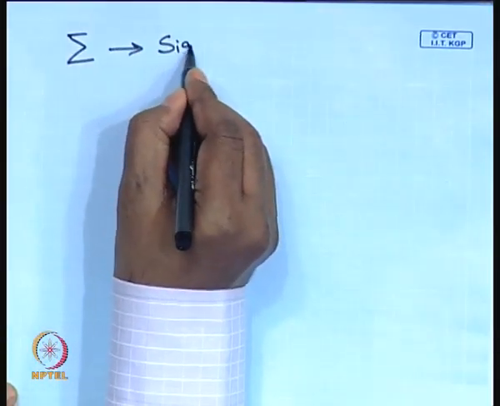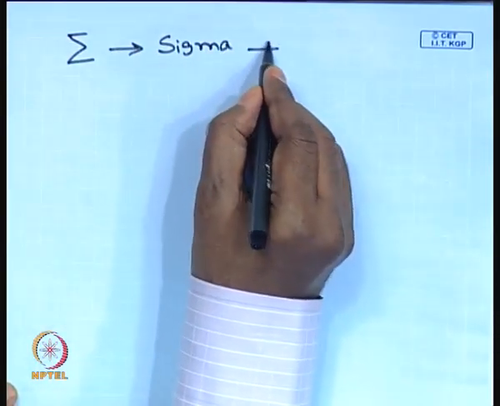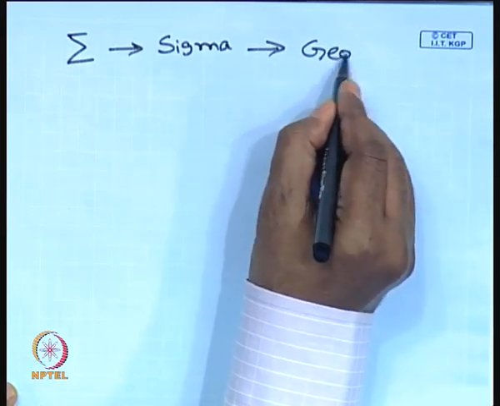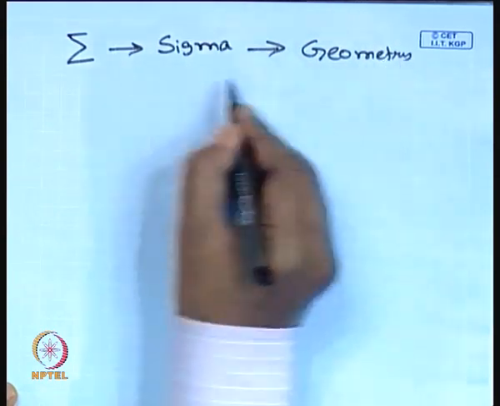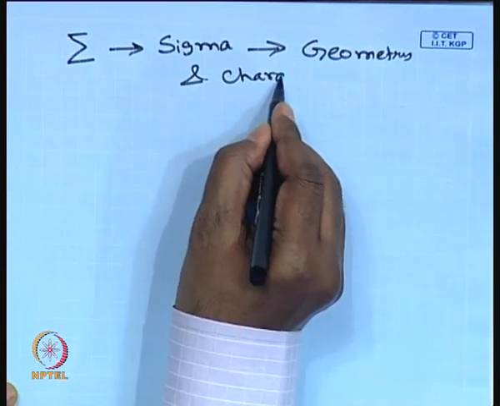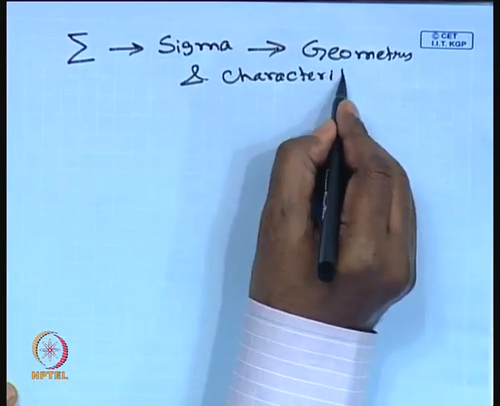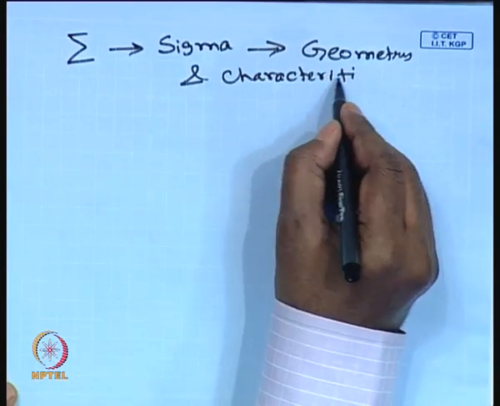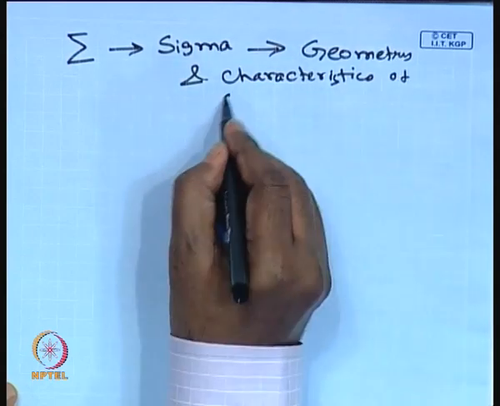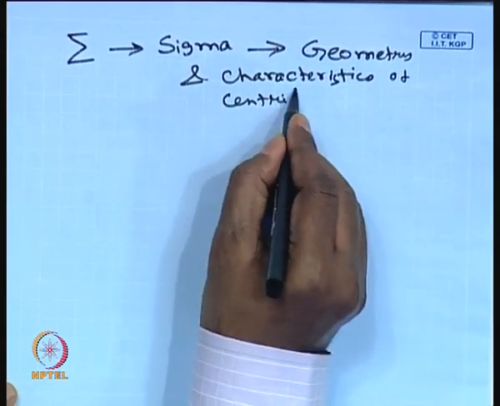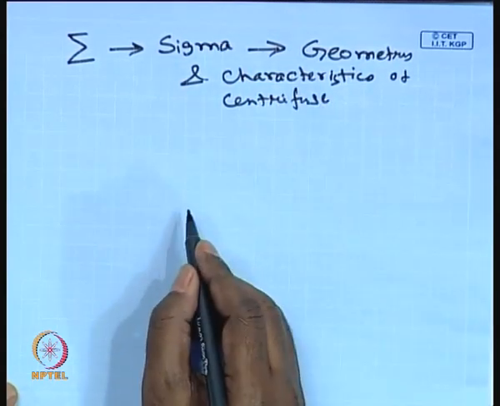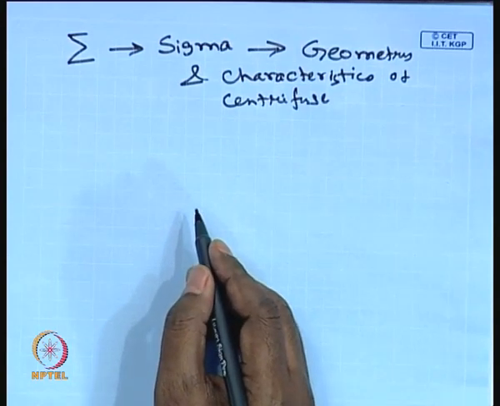Now, if you remember the expression of sigma, it talks about the geometry and characteristics of centrifuges only. It does not talk about the characteristics of the fluid and solute system.